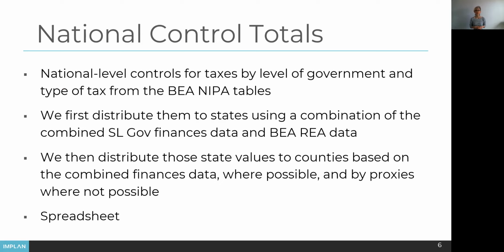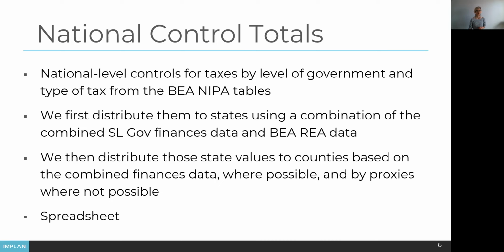So we have national level controls for taxes by level of government and type of tax from those BEA NIPA tables that I just mentioned. We first distribute them to states using a combination of the state and local government finances data that we just talked about, and some other data tables from the BEA's regional economic accounts data. And then we distribute those to counties based on, again, the combined finances data where possible and by other proxies where not possible.